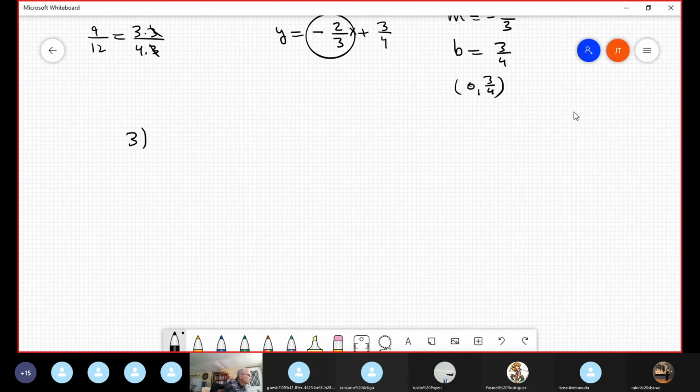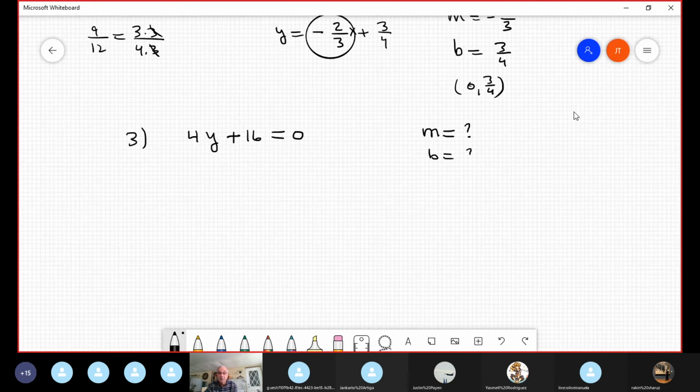Let's move on to number 3 in the same section. Number 3 in the same section is a little bit confusing, because the equation is 4y plus 16 equals 0. I need to determine again the slope M, I have no idea.